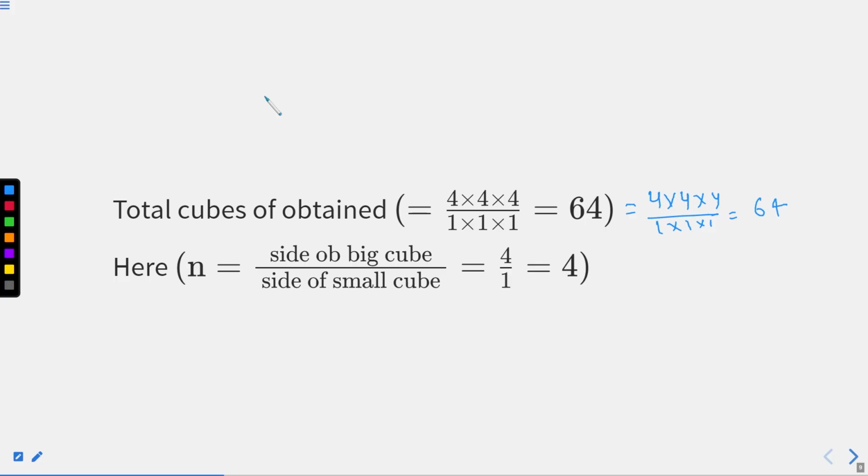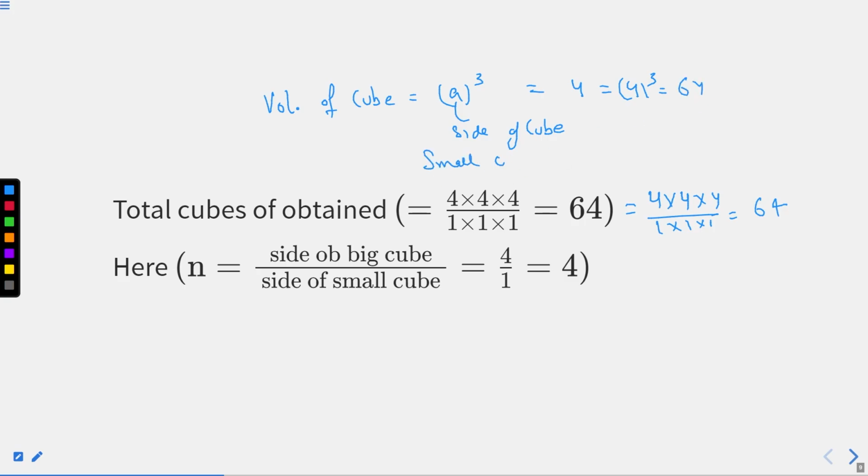And remember this formula: volume of cube is side cube. Here the side of the cube is 4, so 4 cube will be 64.